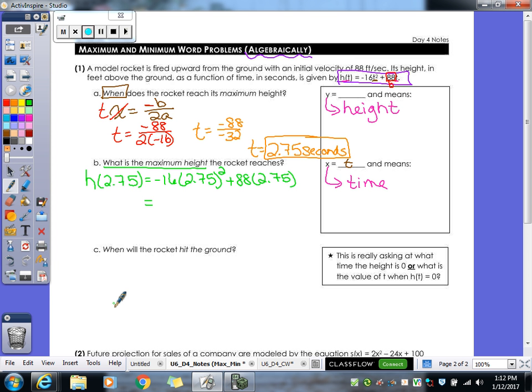Anybody get an answer yet? 121 feet. So the maximum height of our rocket was 121 feet. You gotta be careful, those negatives make a big deal.